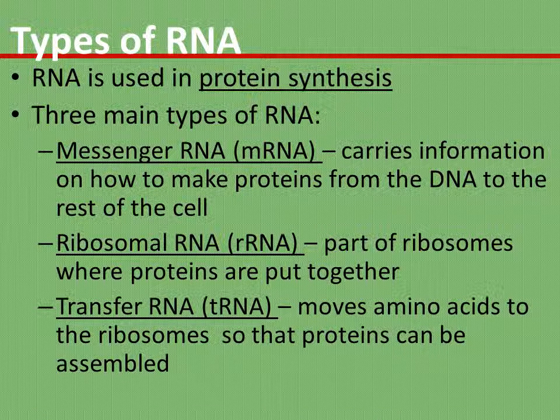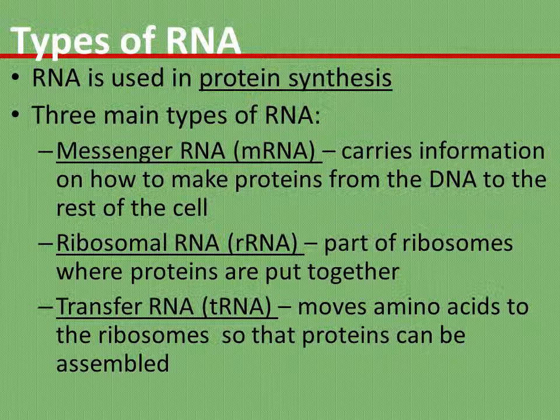And the last type of RNA is called transfer RNA or tRNA. tRNA is really important because it gets the message from the mRNA, the messenger RNA, and it's going to take that message and figure out which amino acids are going to be needed to make the protein that's coded for in your DNA, in your gene, essentially.